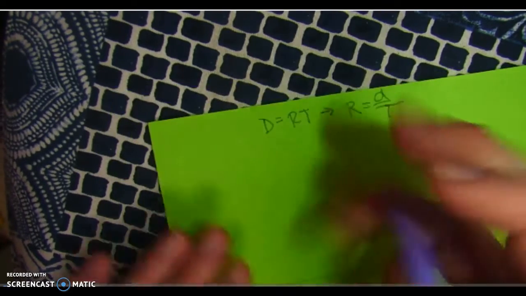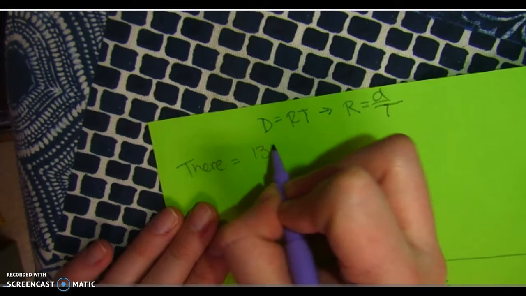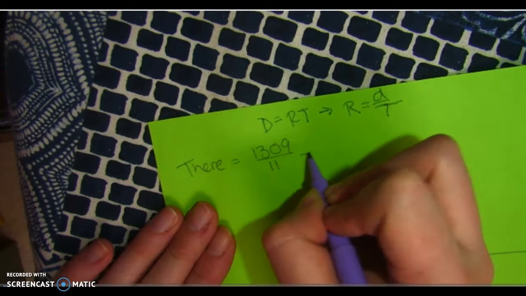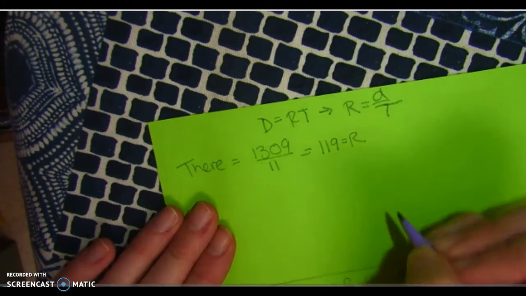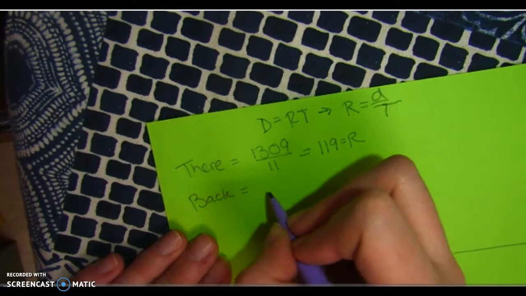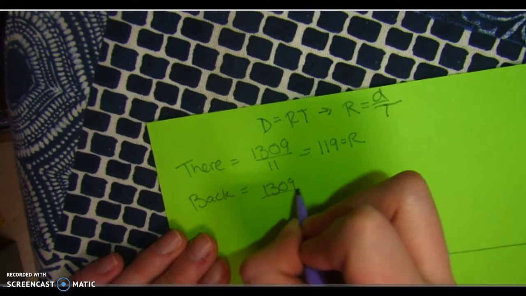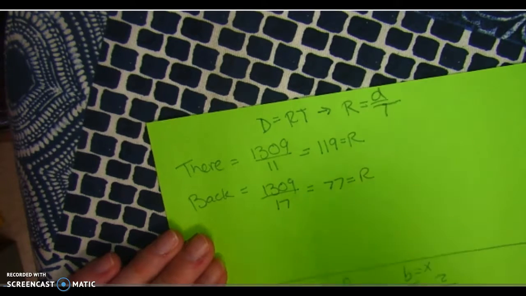Since that was 1,309 and it took 11 hours, 119 was my rate. And coming back, it was 1,309, but it took 17 hours, so 77 is my rate.